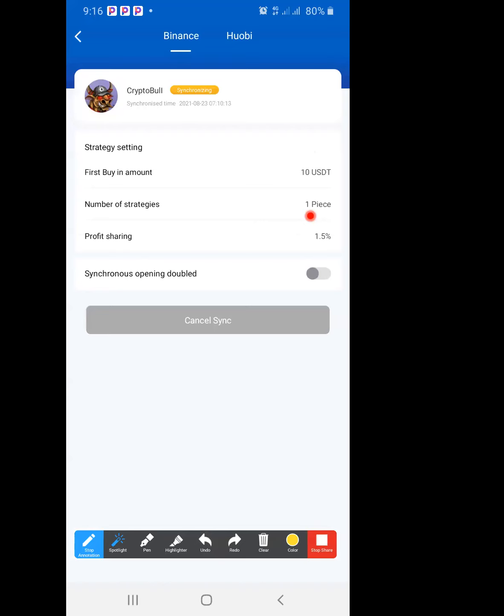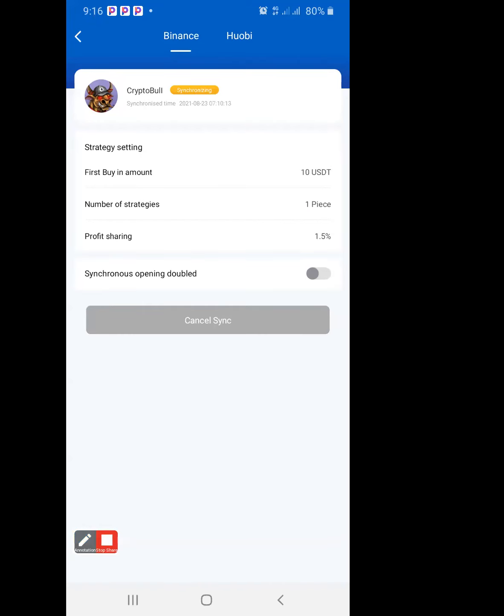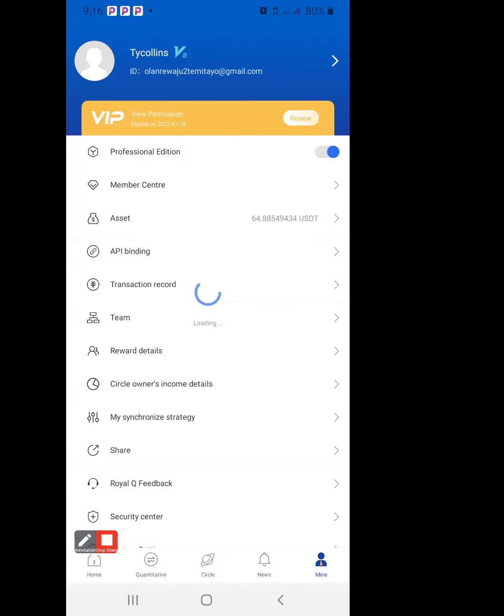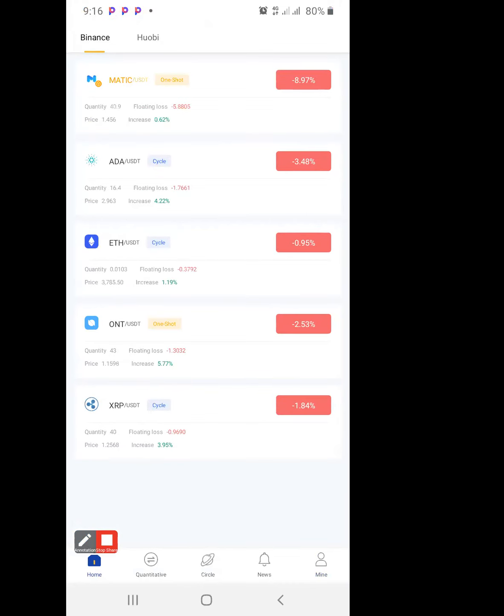That's the amount this particular person, crypto, will deduct from your profits. JD winner deducts 1%, crypto will deduct 1.5. So you click sync strategy. So you have this page when you join the strategies. So let me go back to the home page now. So that's that for joining a strategy to copy.